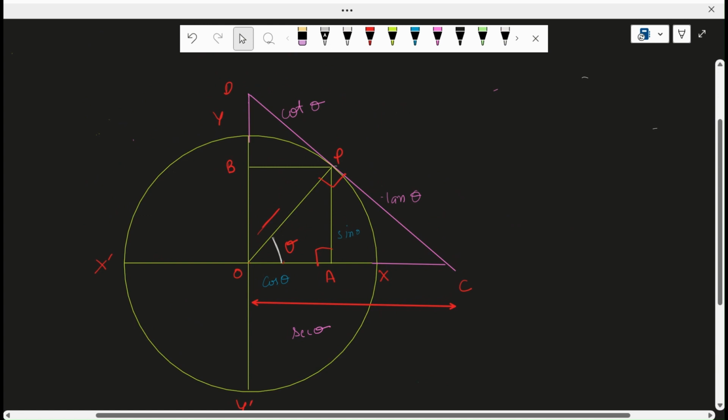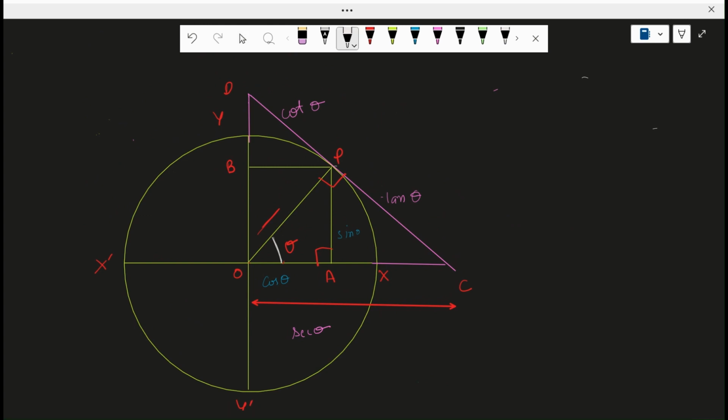Consider the opposite triangles, right? First we consider triangle OPC and OAP. Now let us consider triangle OPD and triangle OBP.